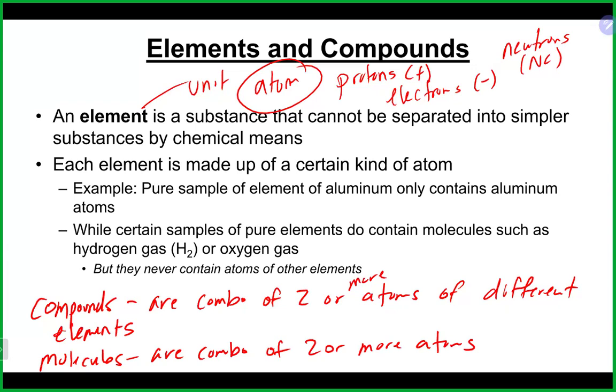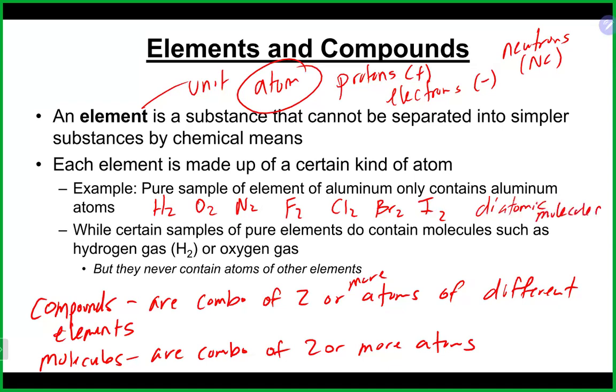A molecule does not. So for example, there are certain elements that naturally come as molecules. Things like hydrogen comes as two hydrogens, oxygen, nitrogen, fluorine, chlorine, bromine, and iodine. These all come as what are referred to as diatomic molecules.